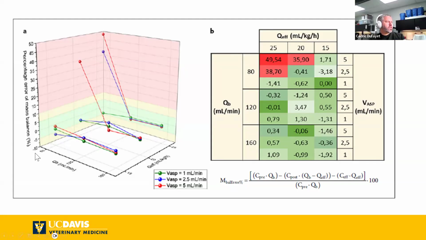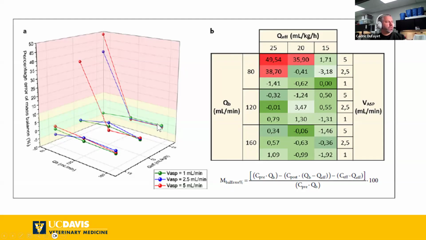But what's interesting too is that you can tell that most of the time you're within the ballpark, and I think that's why they accept that 5 to 10% mass balance error to take into account analytical errors. But you can really tell that when we get to that kind of effluent flow, the 5 mils per minute just spikes at low blood flows.